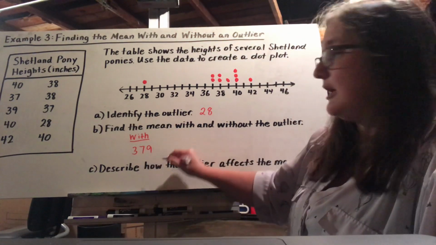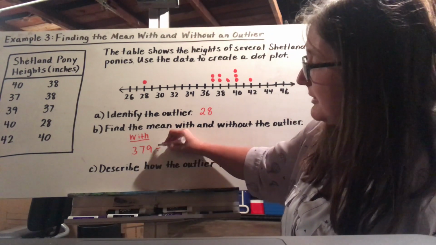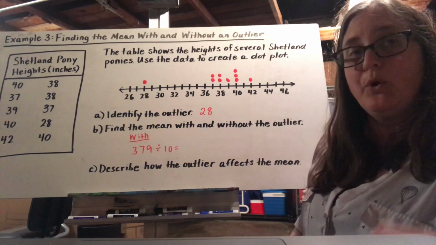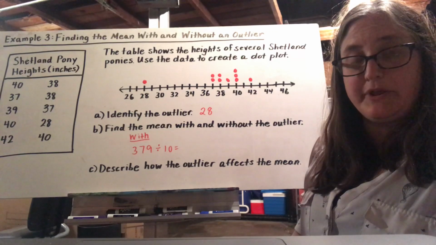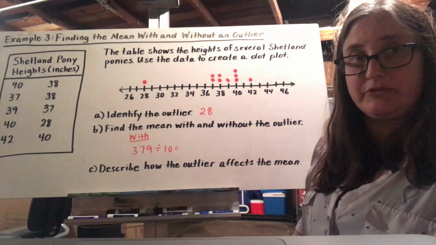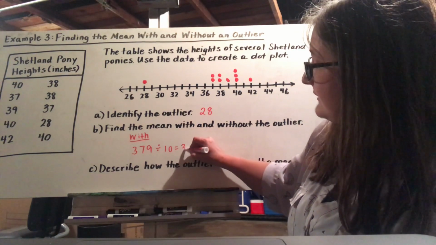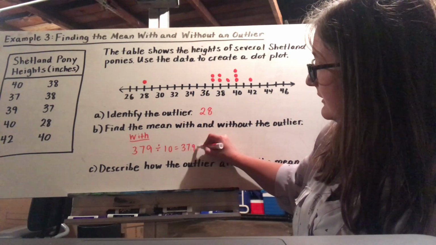That's the total. But then I have to divide it by how many ponies there are. Well, in this case, I've got 10 ponies. So with the outlier in there, with the pony who's 28 inches tall still being in there, we have a mean of about 37.9 inches.